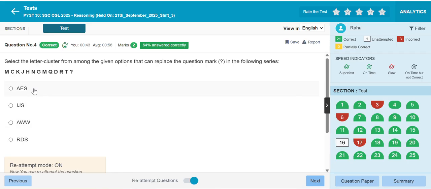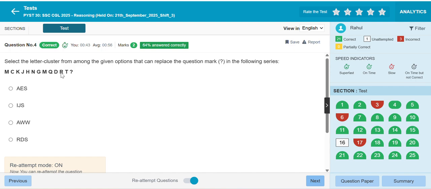Let's check the second, which is C, H. Between C and H there are four letters, and C, H, M, there are four letters, and after M it's R, so there are four.